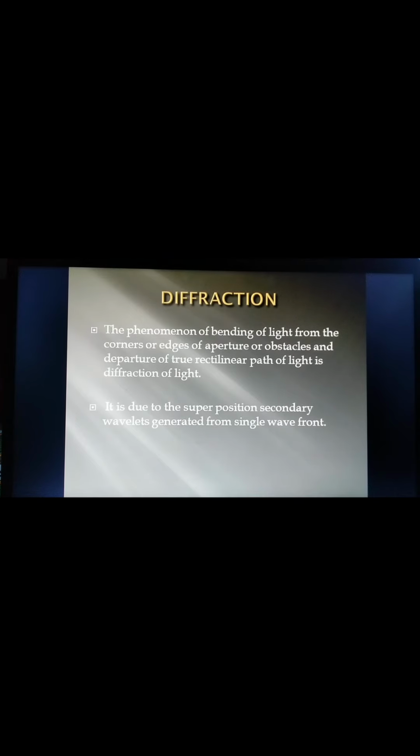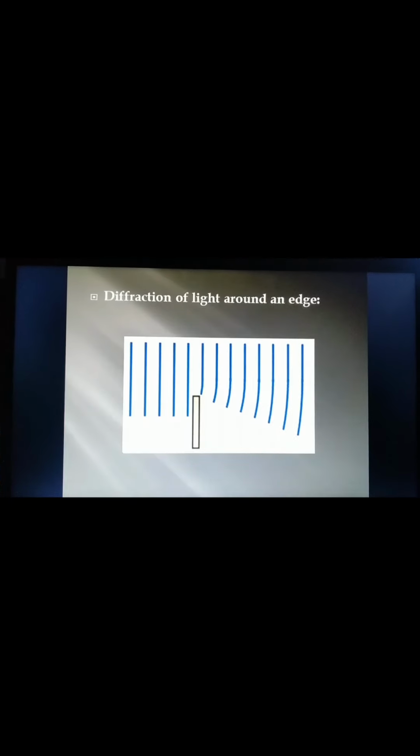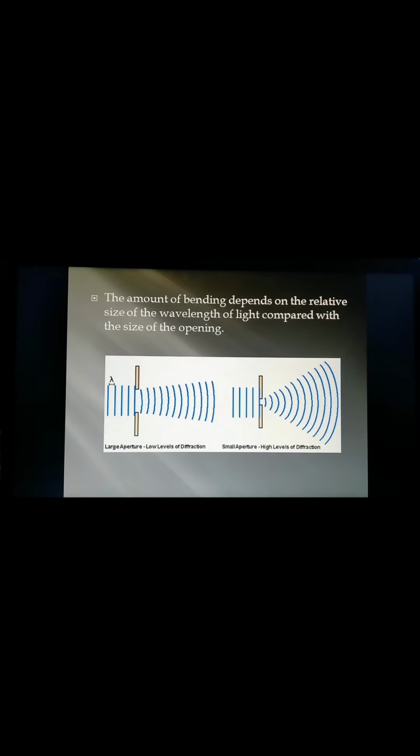It is due to the superposition of secondary wavelets, because whenever light gets diffracted, there is no plane wavefront, because initially the plane wavefront is there. Basically the plane wavefront is called the single wavefront. From the single wavefront, light gets diffracted into spherical wavefronts, because this is the superposition of secondary wavelets after diffraction. Okay, now coming to the next slide.